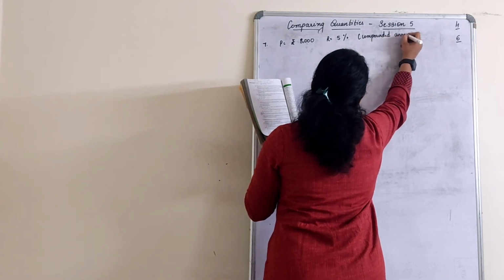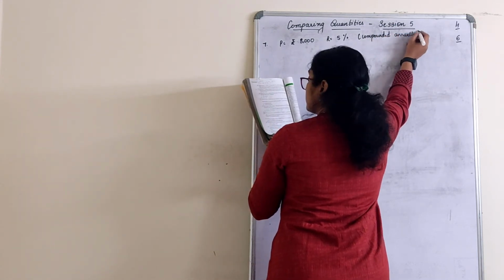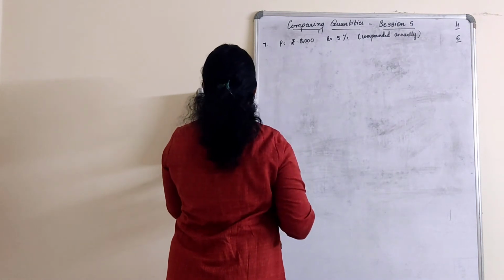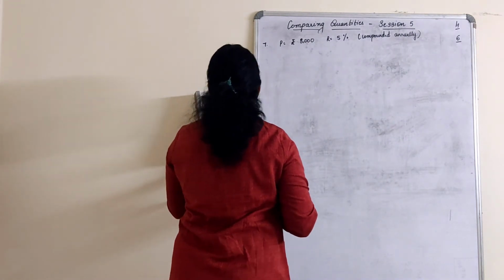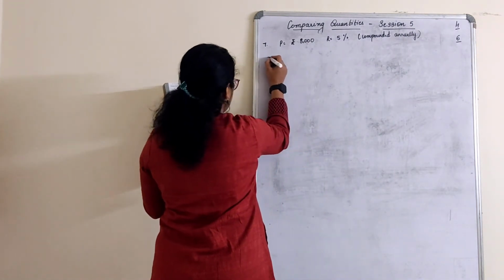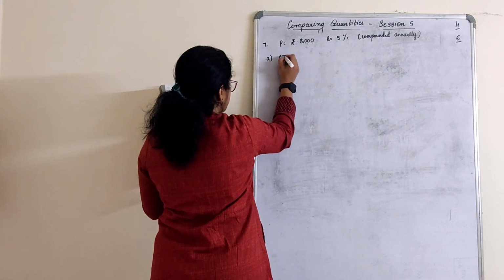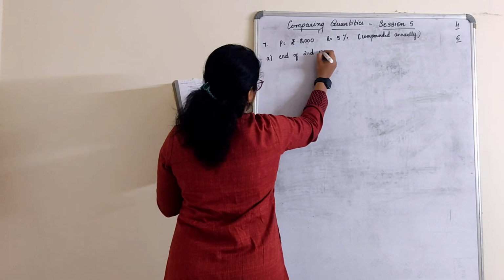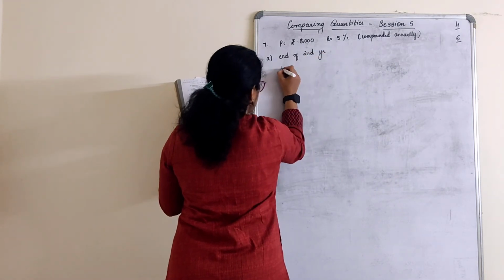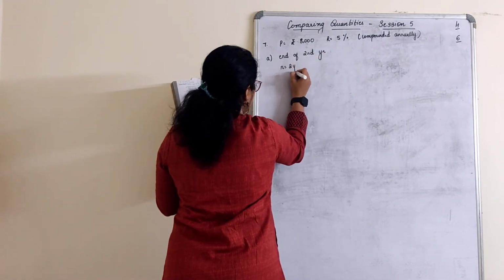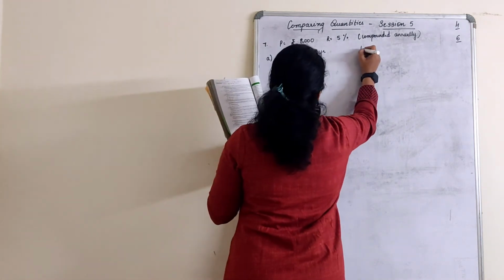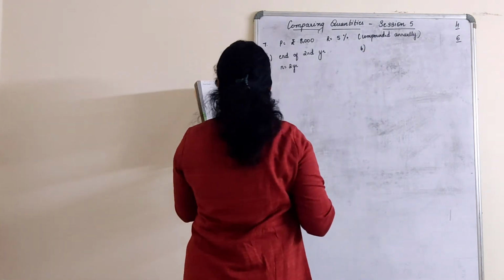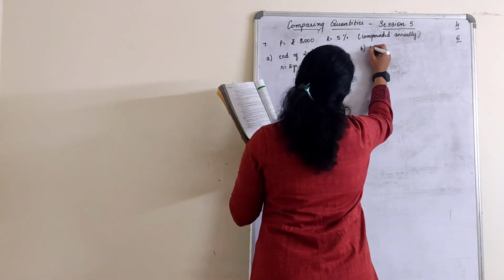Find the amount credited against her name at the end of second year. That is n is equal to 2 years. B part. Interest for the third year.